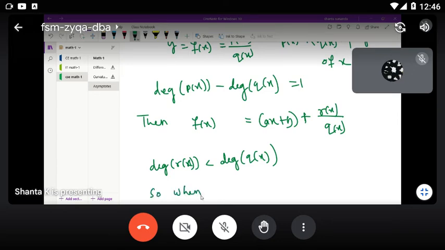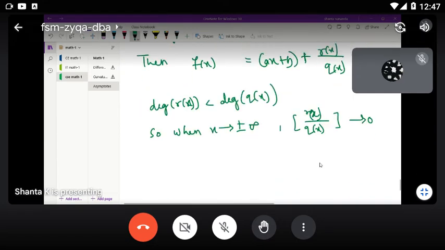So when x approaches to plus or minus infinity, this term R(x) by Q(x) approaches to 0. Okay. R(x) by Q(x) will approach to 0 since the degree of the polynomial Q(x) is greater than R(x).